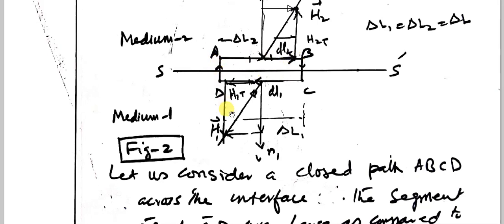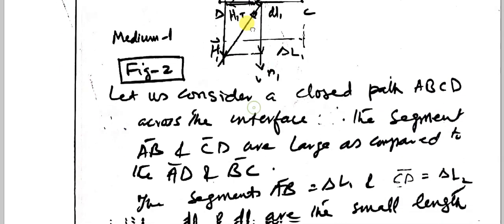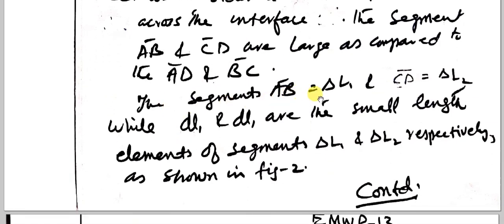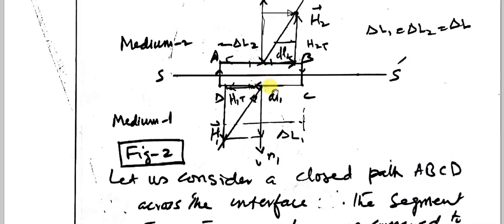So the segment AB is equal to delta L1 and CD is equal to delta L2, while dL1 and dL2 are the small length elements of the segments delta L1 and delta L2 respectively, as shown in the figure. This is a small length element, and this is also a small length element.